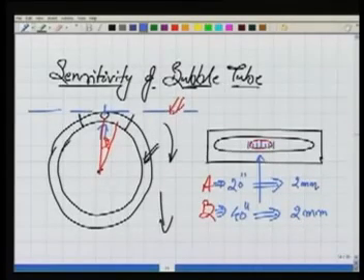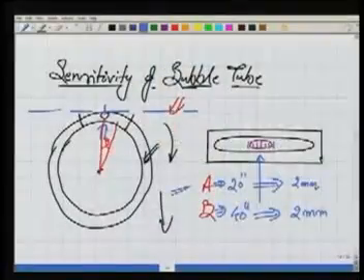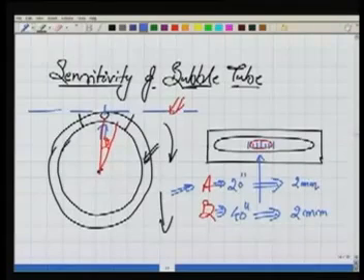More sensitive means more active. For tube A, only a slight angle movement moves the bubble by 2 mm. So A is more sensitive.